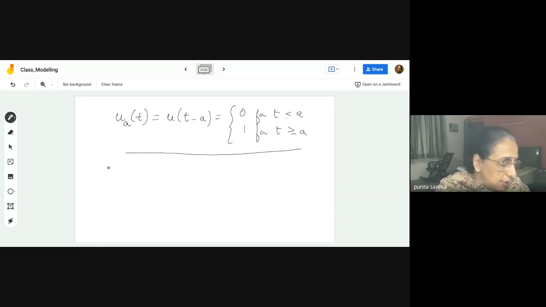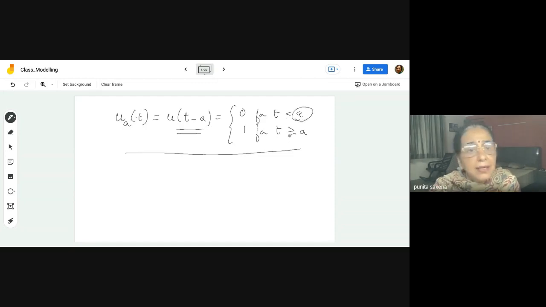Is this okay? And the graph is, of course, see why I have specified a, because the one that you know is a step function with steps of 1 unit each. So 0 to 1, 1 to 2, 2 to 3, and so on. So this is going to be a step function with steps of a units each.